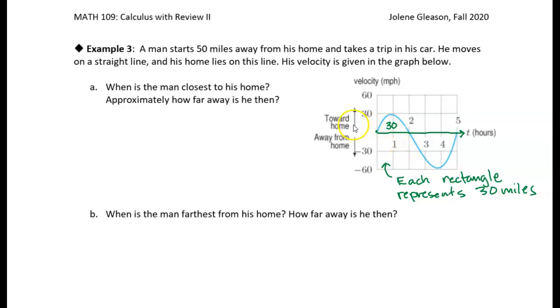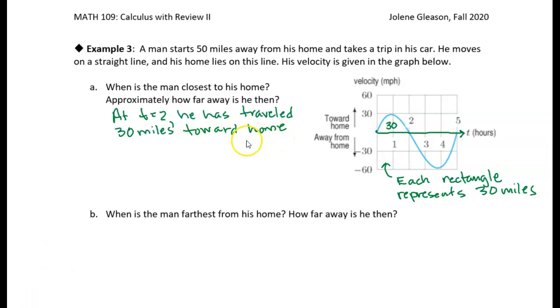Okay, so he's moved 30 miles toward home in this first 2 hours. Now, at t equals 2, he's traveled a total of 30, and that 30 miles is toward home, so it's in the positive direction. So I'm going to put a little positive sign here.